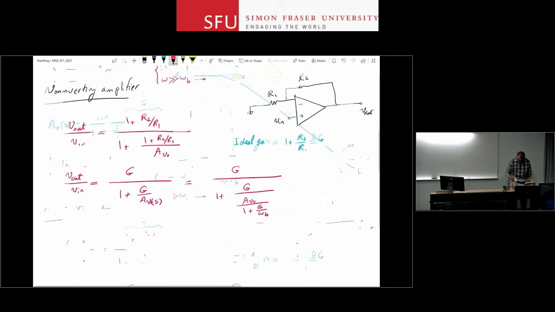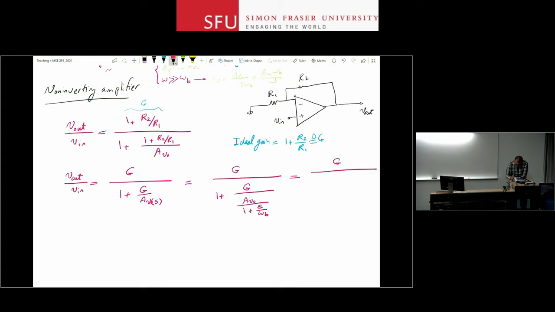But going back to the bottom here, so this is our expression, and I can expand this and see what happens. So this is going to be, again, G over A V naught times 1 plus S over omega B plus 1, okay?